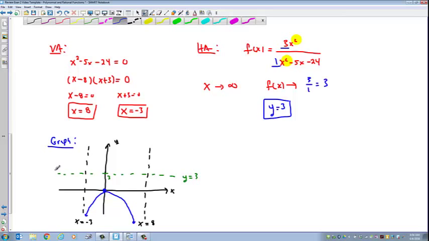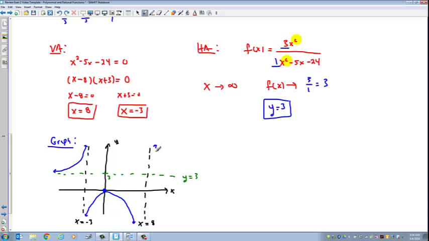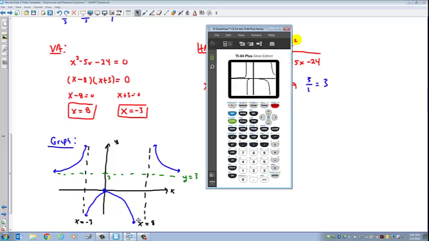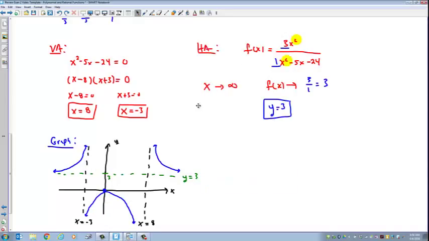So here is a horizontal asymptote, so it kind of comes up towards the vertical, like that. And then over here, it starts up here and then comes down like that. You can see this from the graph, so you get an overall feel for what's happening. And that's it.